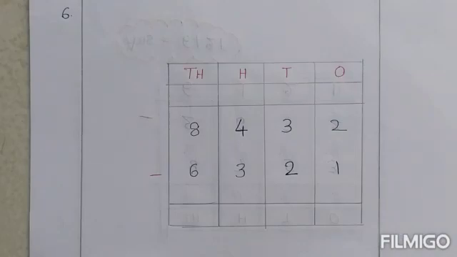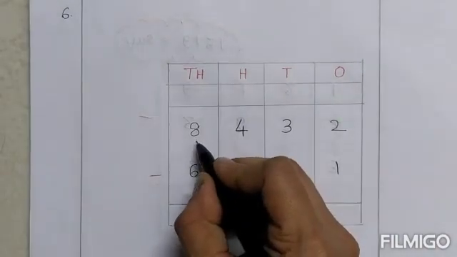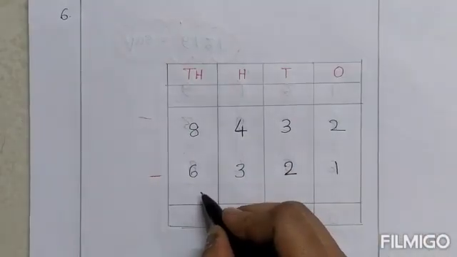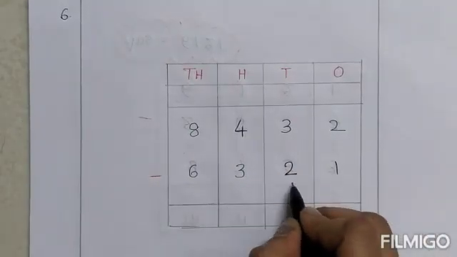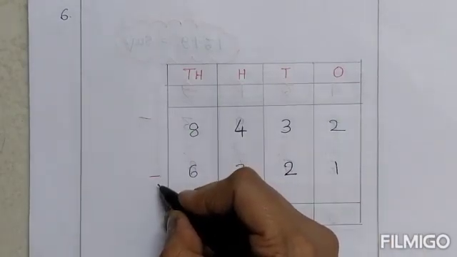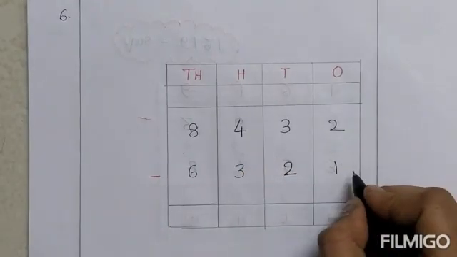Now we'll go for the sixth bit. In sixth bit, what are the numbers we are having? One is 8432 and the second number is 6321. Here you observe the sign minus. So we have to do subtraction. Subtraction starts from ones column.